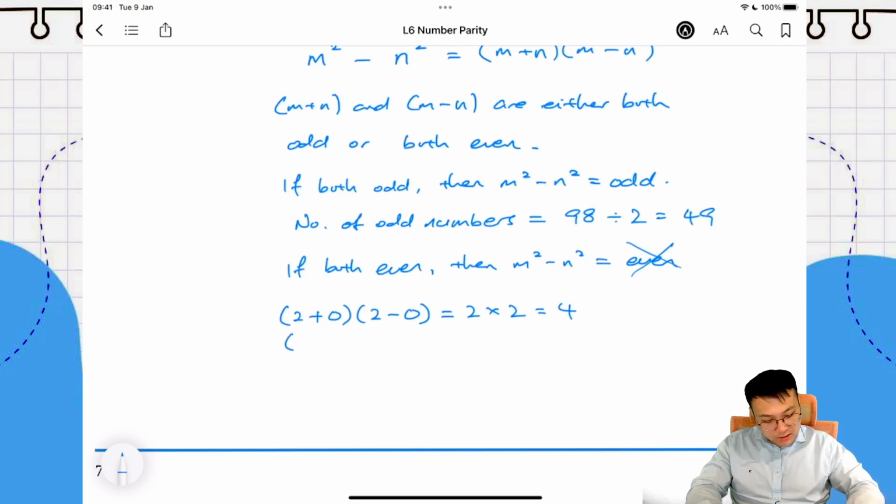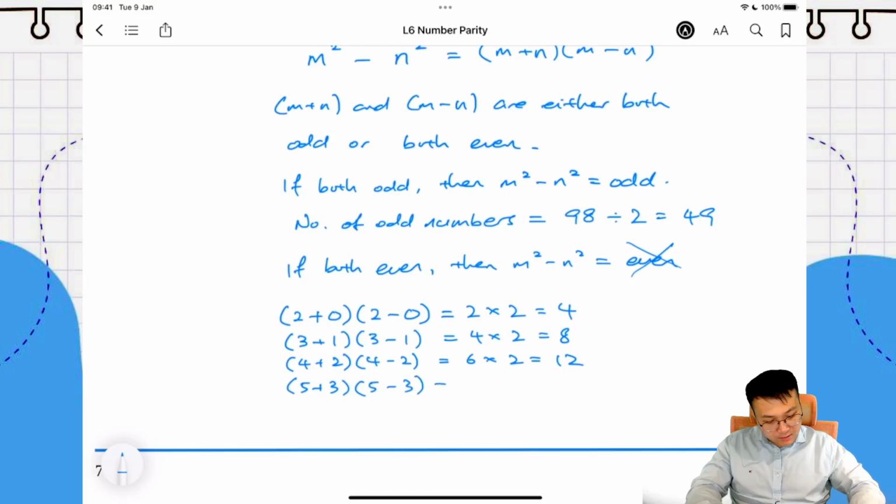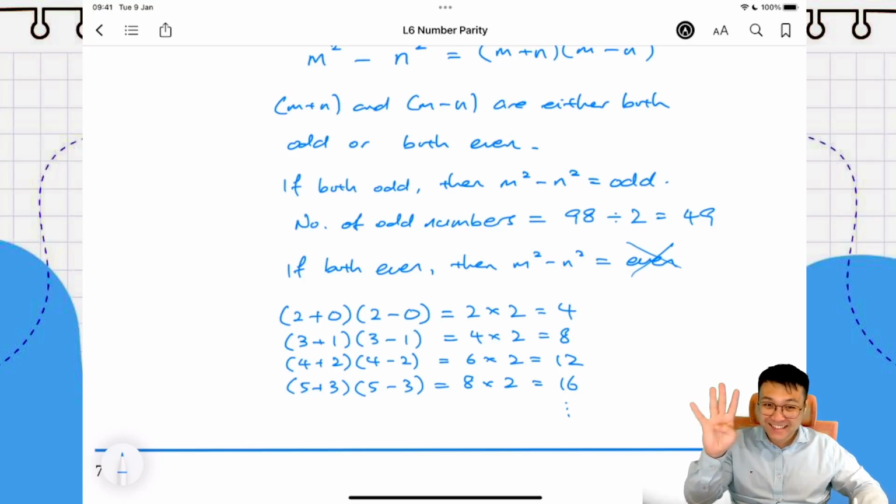Now let's try to slowly increase it. 3 and 1. You'll end up with 4 times 2, 8. Slowly increase it even more. 4, 8, 12. Can you start to see a pattern, students? 16. Do you notice that all of them are multiples of 4? Right?